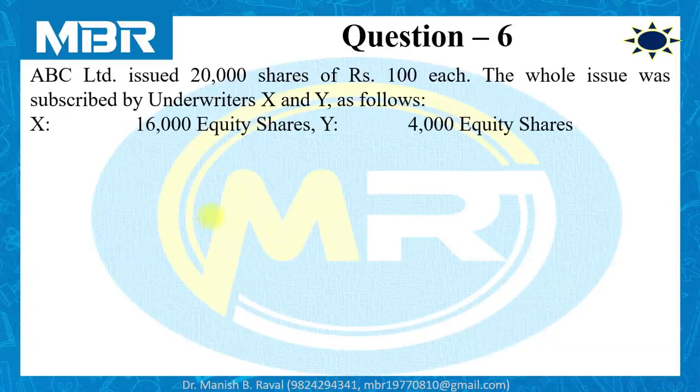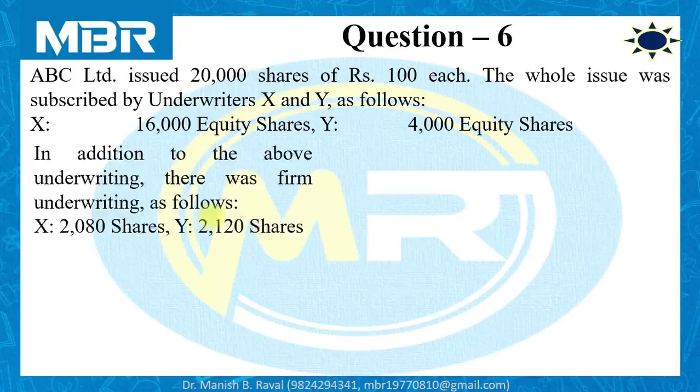Question number 6 is available on your screen. ABC Limited issued 20,000 shares of rupees 100 each. The whole issue was underwritten by two underwriters, X and Y, as follows. X has underwritten 16,000 equity shares, while Y is responsible for 4,000 equity shares.